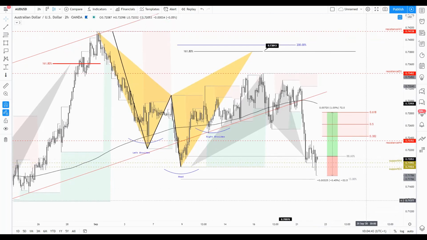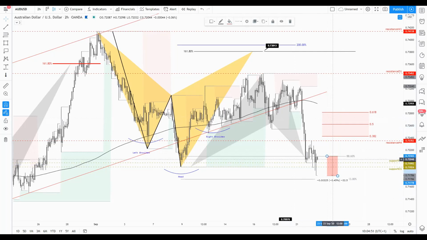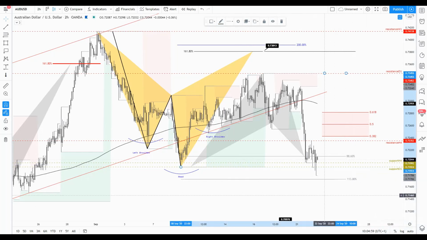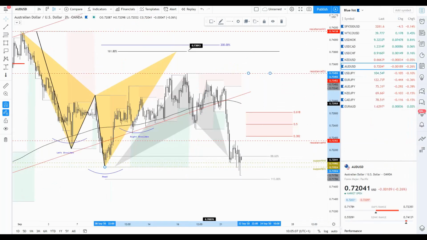That is how I adjust my setups, and if the market starts to trade against me, we need to make some decisions. Obviously, we already know where the pattern will fail. Trading below the 113% Fibonacci extension, it makes no more sense to be here, and we need to exit our trade as soon as possible.